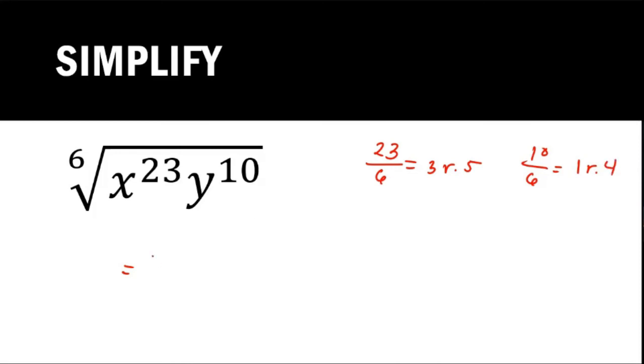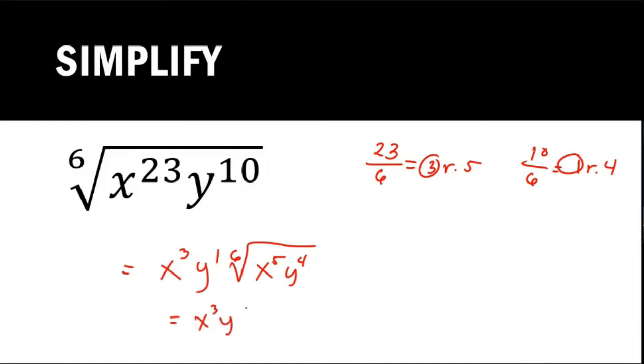So, simplifying, you will be having x raised to 3, y raised to 1, the 6th root of x raised to 5, y raised to 4. So the answer will be x raised to 3, y, 6th root of x raised to 5, y raised to 4.